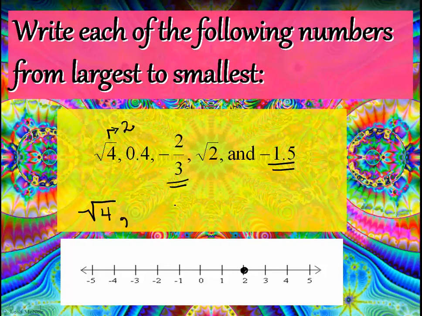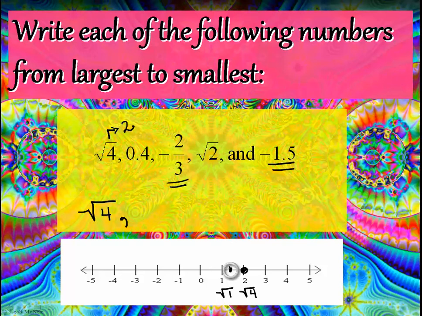Now if I look at my other two positive numbers, I know that the square root of 1 is 1, and the square root of 4 is 2. So if this is the square root of 1, and 2 is the square root of 4, then the square root of 2 must lie somewhere in between 1 and 2. In fact, if we were to put square root 2 into a calculator, it would end up being 1.4.